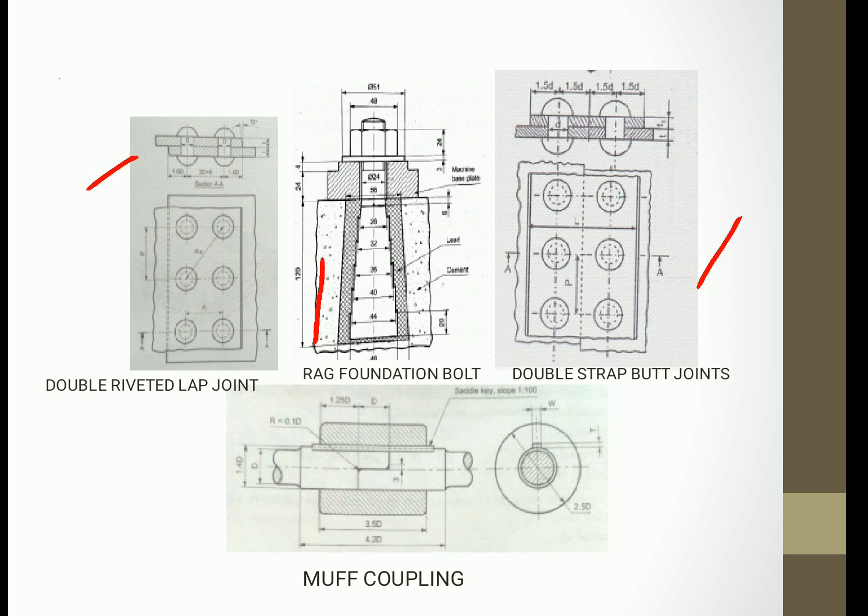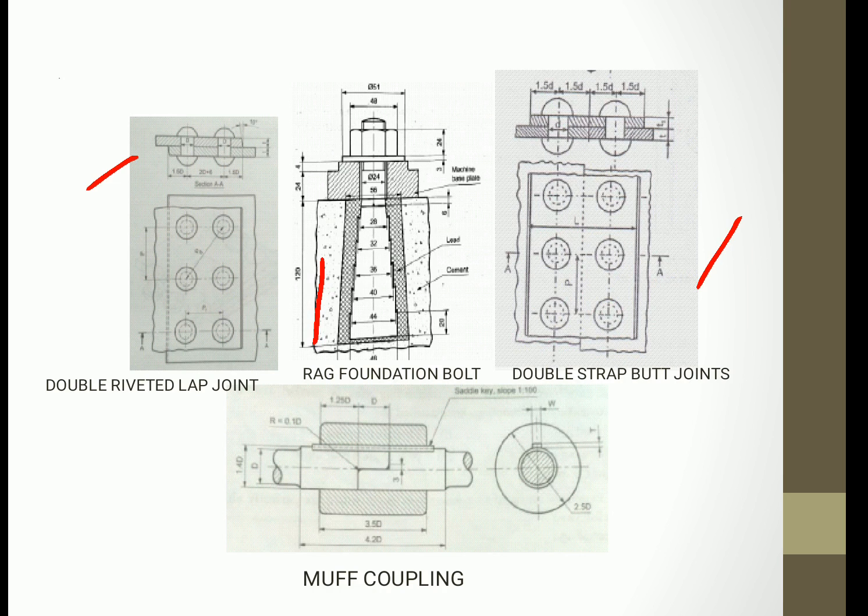Now next, muff coupling. First we will understand coupling. A coupling is a mechanical device which is used to connect 2 shafts, and the shafts are coupled by collinear axis or intersecting axis or parallel axis, having a small distance between them.